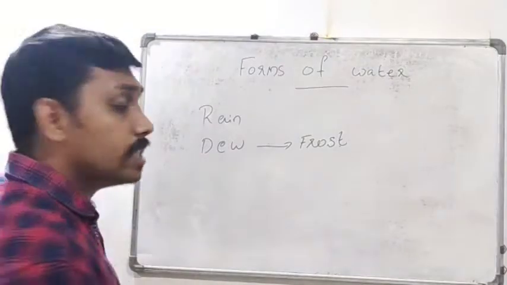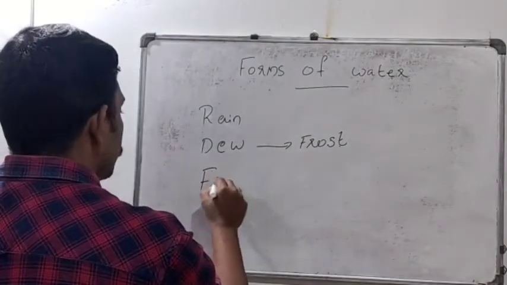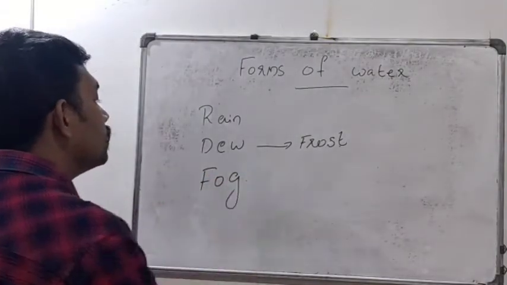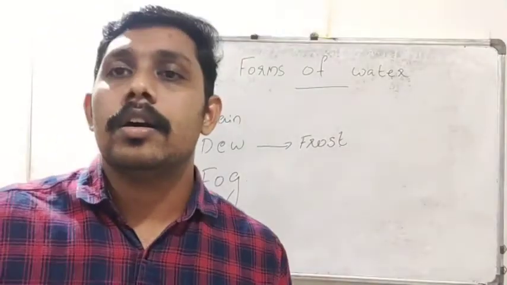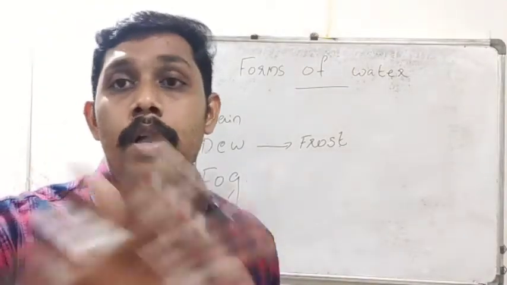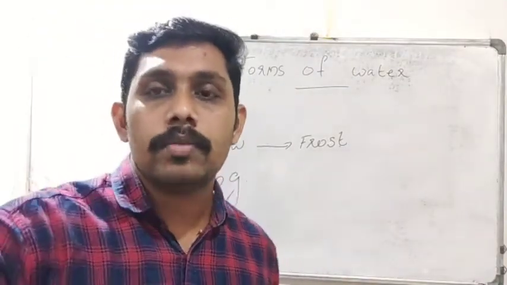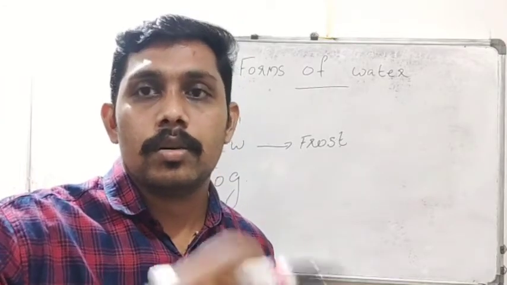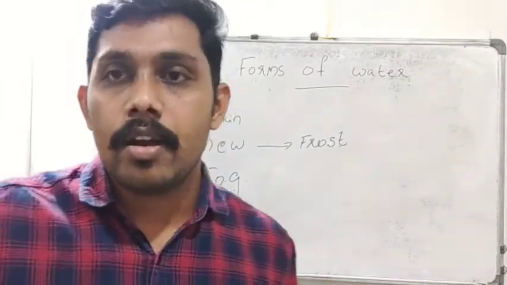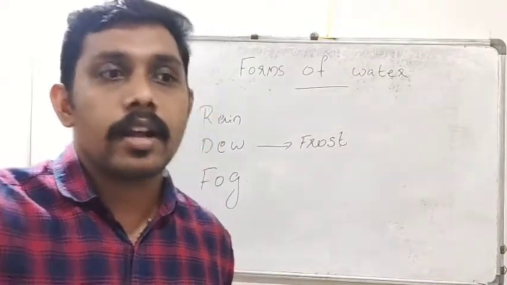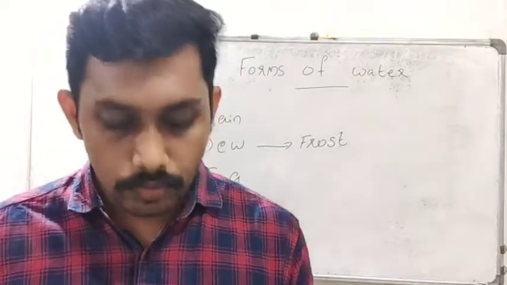And the third one is fog. We see this in the mountains, in places like Idukki and Wayanad. Fog is a white, cloud-like structure.